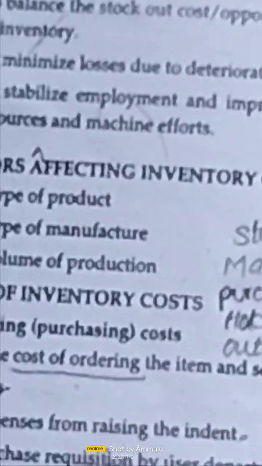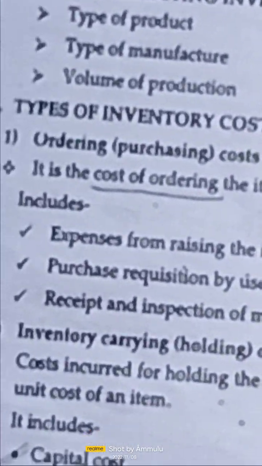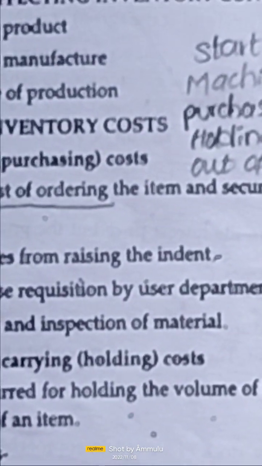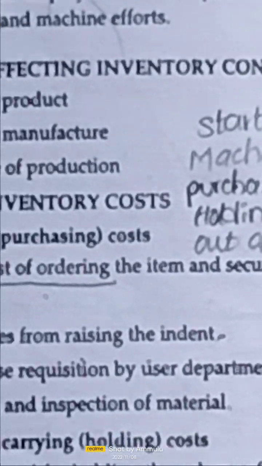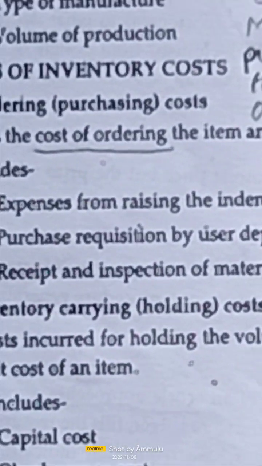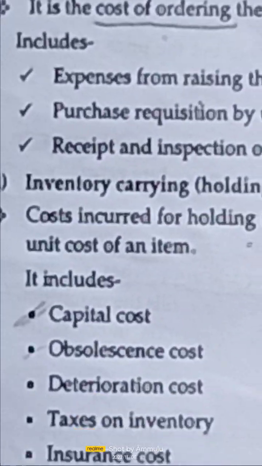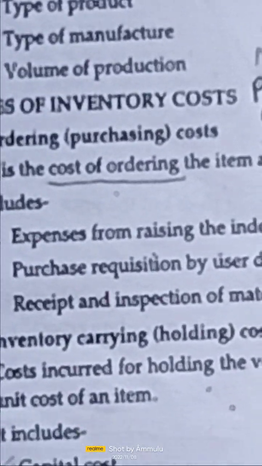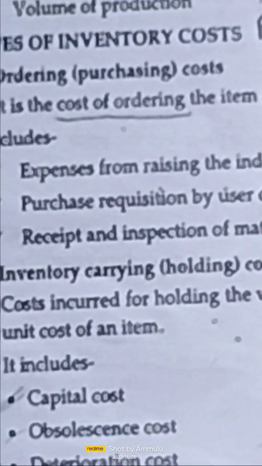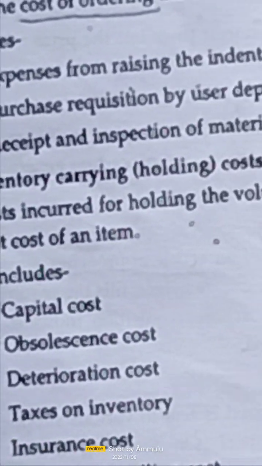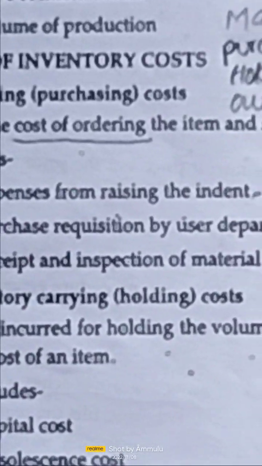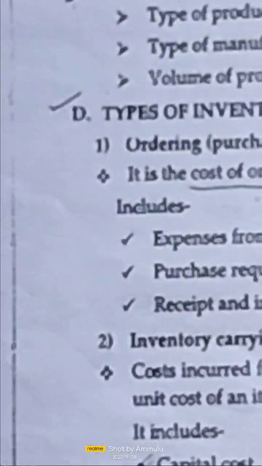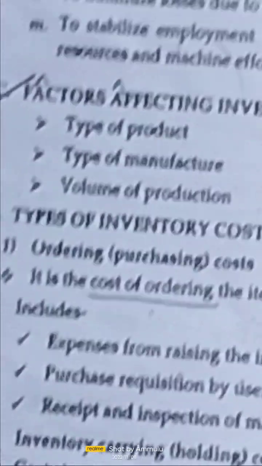What are the factors affecting inventory control? Here there are 3 types of factors which affect inventory control. They are type of product, type of manufacture and volume of production. Types of inventory costs. Before we discuss the types of inventory cost, we already discussed the types of inventory.